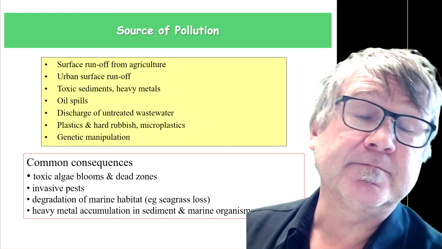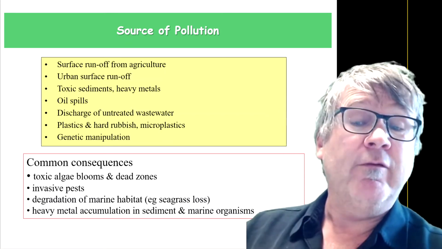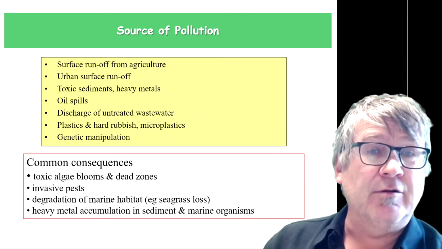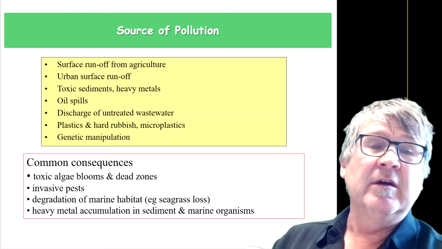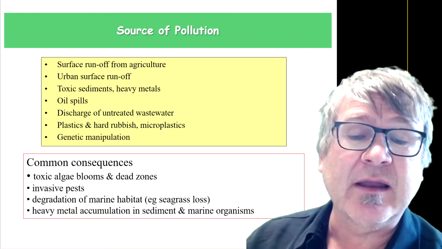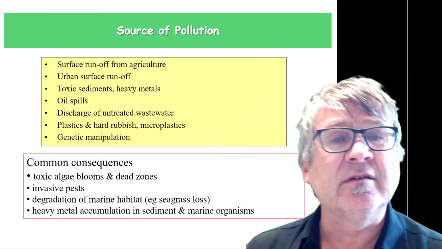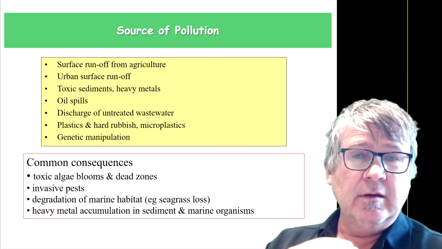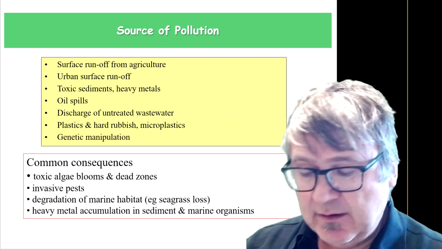Invasive pests. Okay, the overall degradation of a marine habitat, for example, seagrass loss as a consequence. And you can have heavy metal accumulation in sediments and marine organisms. Okay, all right.